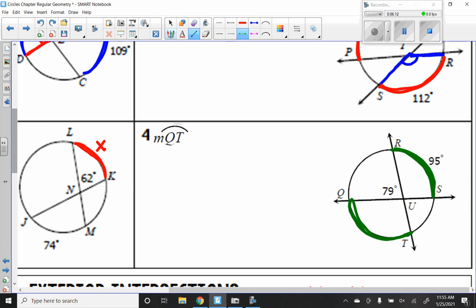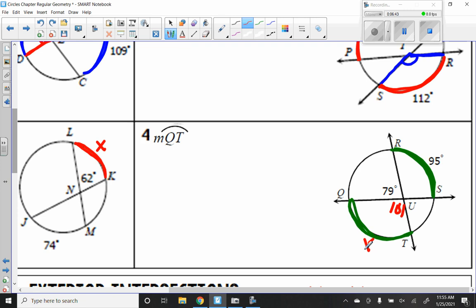That 79 doesn't go with it. So I need one of these two, and they will be equal because they're vertical. So how can I get just one of them? You can do a half circle that adds up to 180. So now if I know that there's a half circle there, this has to be 101, because 79 and 101 add up to 180. Now I have what I need.